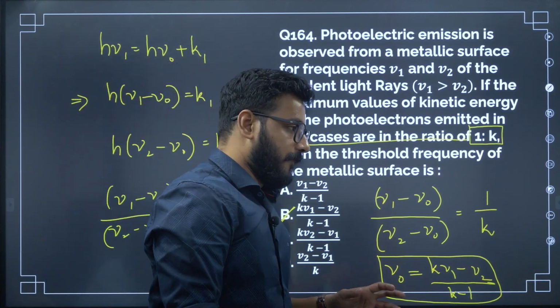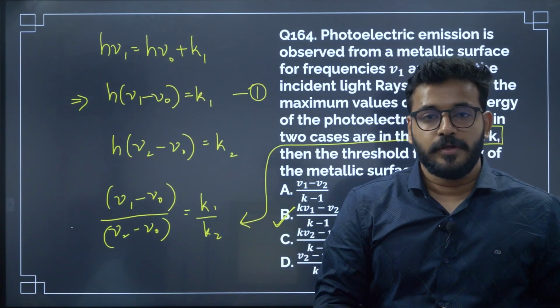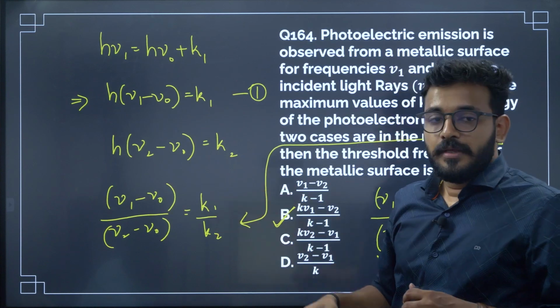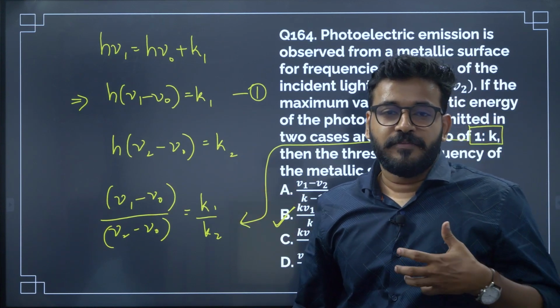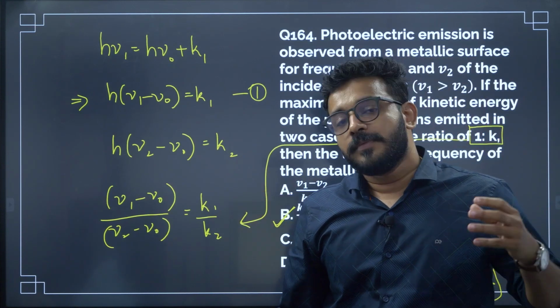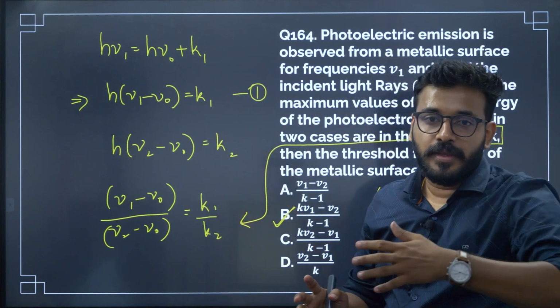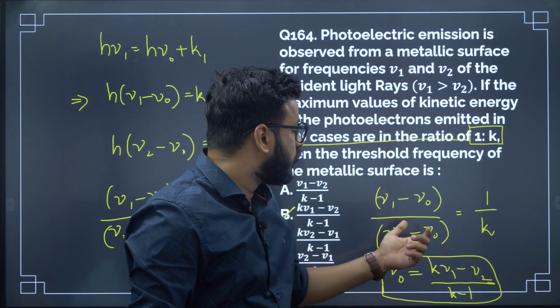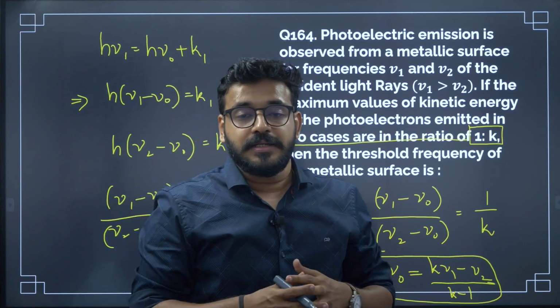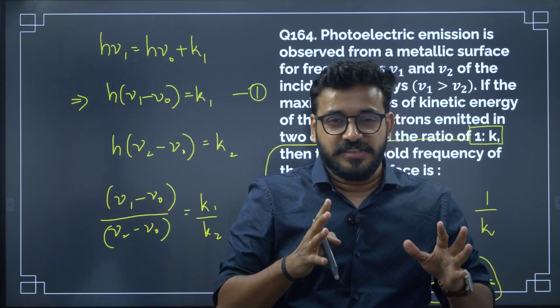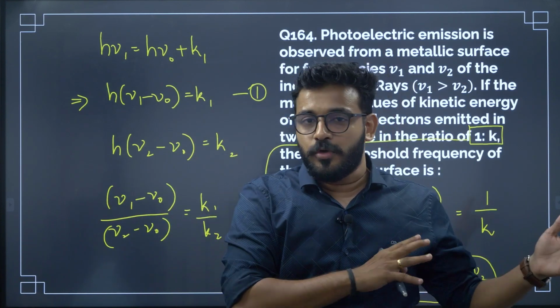Now this is not an easy question. Why? Because you have to take two equations, and then the mathematical simplification takes a huge toll over here. You have to deal with so many quantities, 1, 2, 3 or more than that, and you have to simplify them. So it's pretty difficult, but I won't call it extremely difficult.